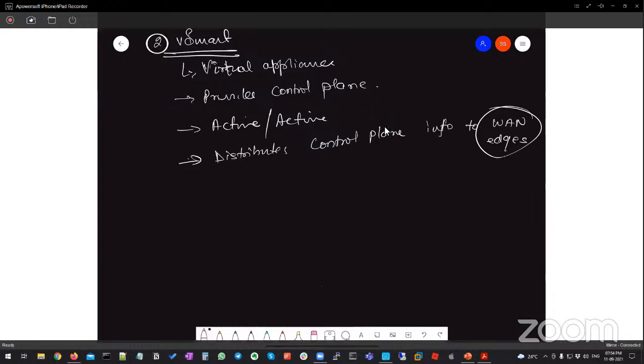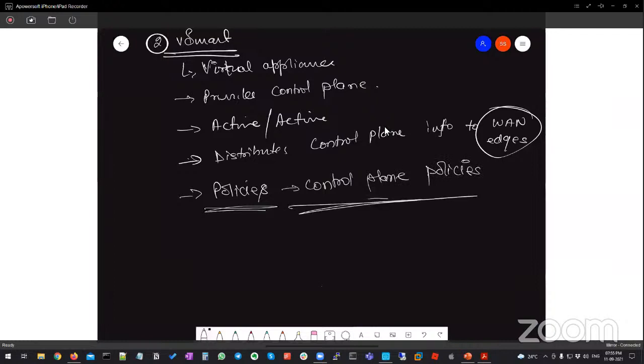And whatever policies you put, like, okay, my traffic is going to go this way or that way, it provides these control plane policies. Whatever policies you put on the control plane, it regulates them. So this is the role of that.